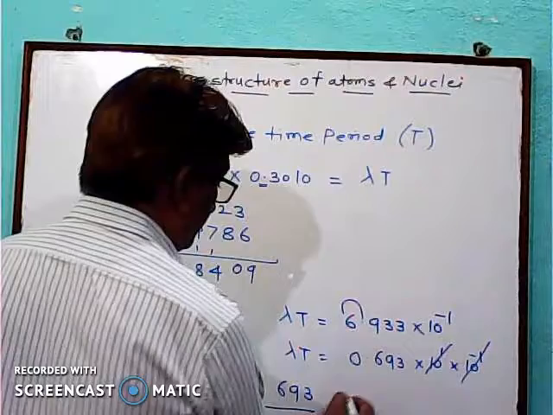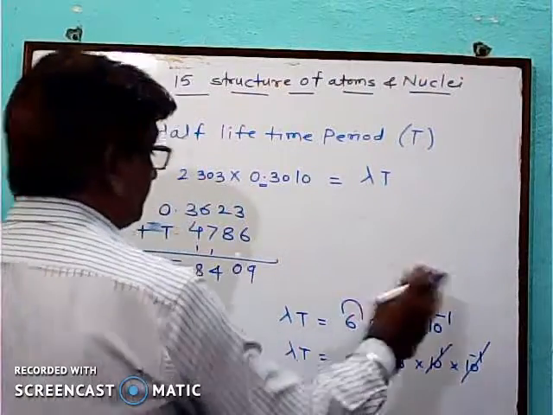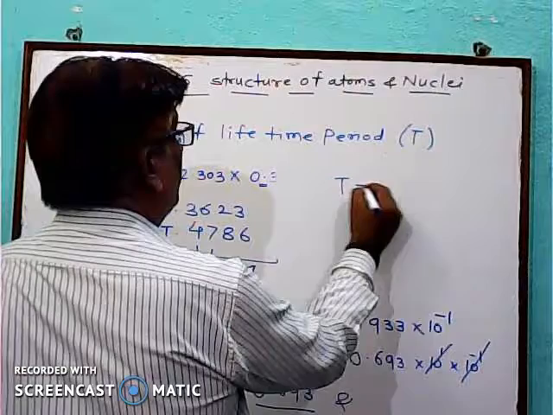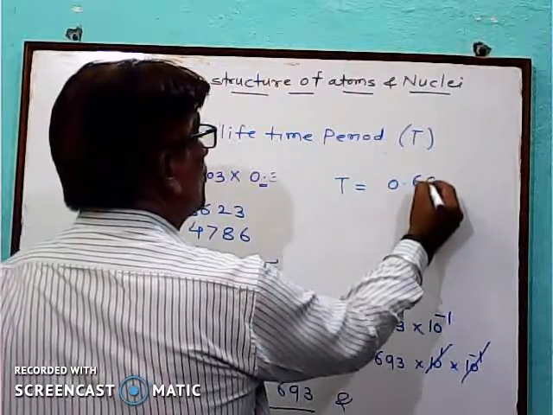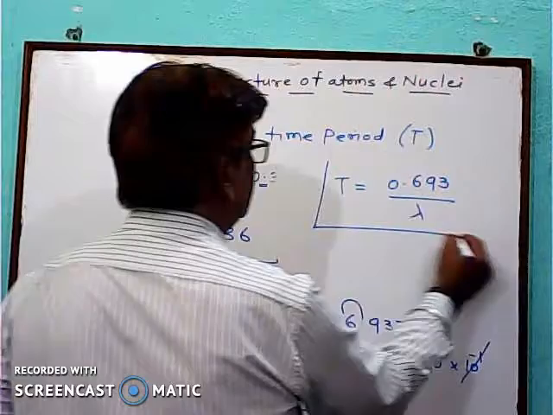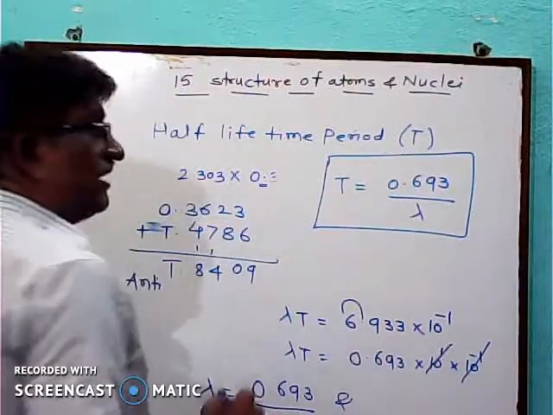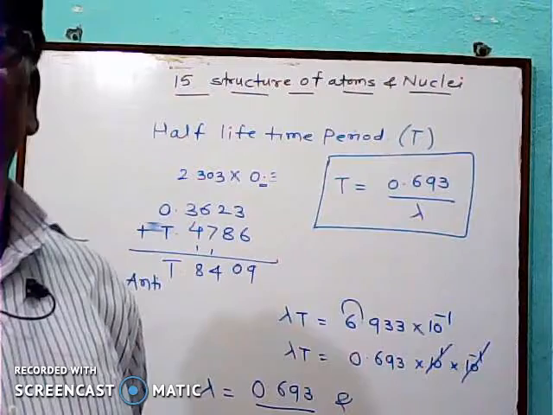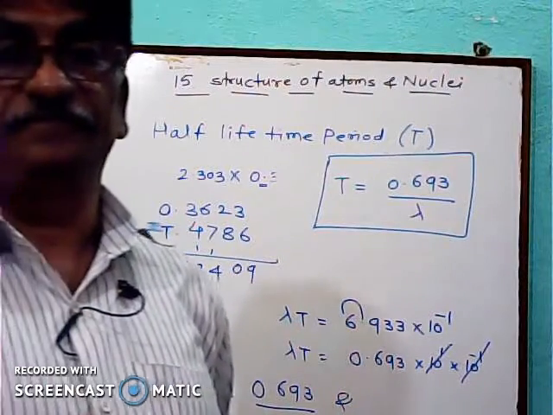And another relation: half-life time period is equal to 0.693 upon lambda. This is the expression for half-life time period.